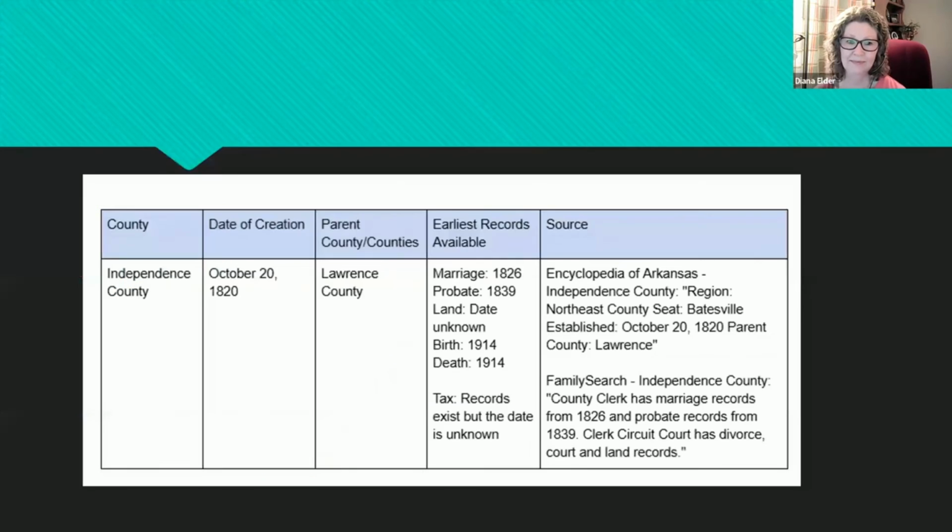Now, let's take a look at Independence County and what it can offer. Having learned that it is the parent county of Izard County, I see it was created in 1820 and it actually has records available early. So apparently it was not a burned county. Hallelujah. Because we've got marriage and probate, 1826, 1839, and there are tax records I could go look at.